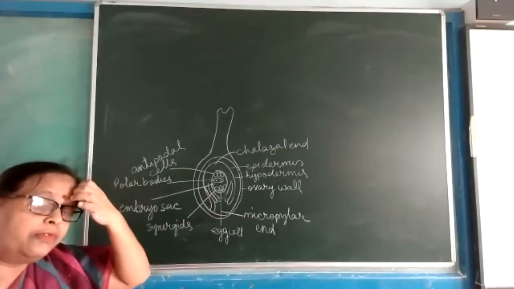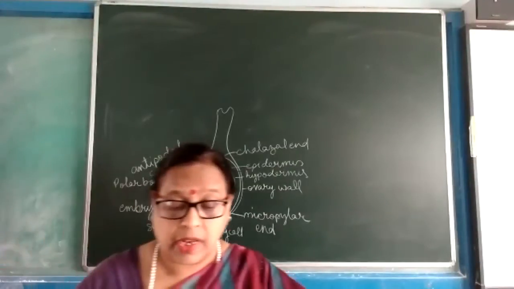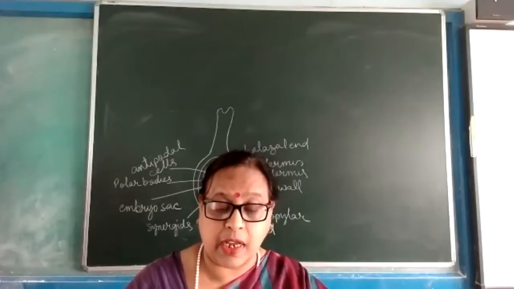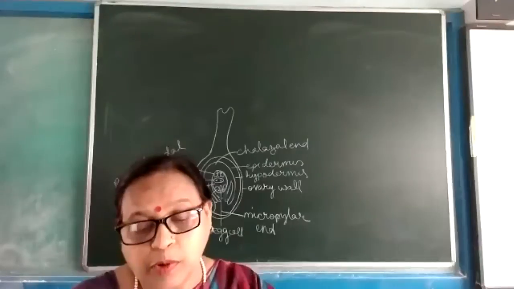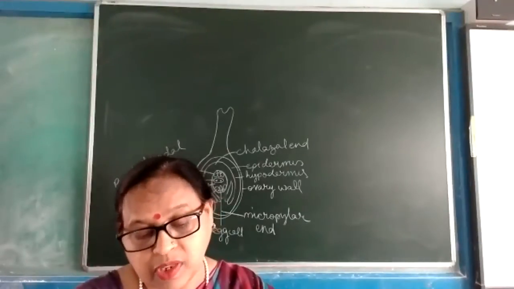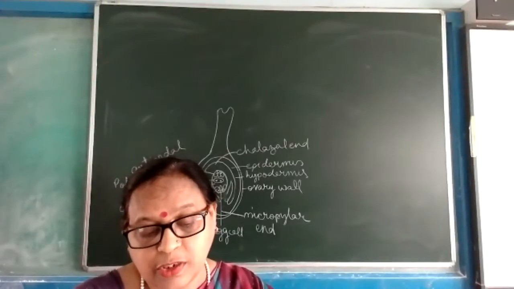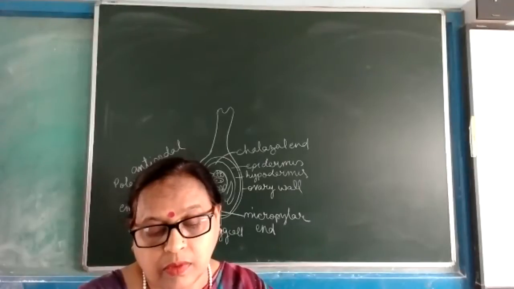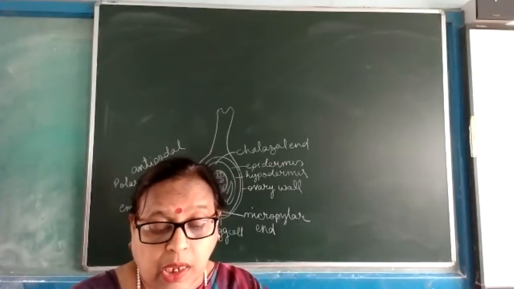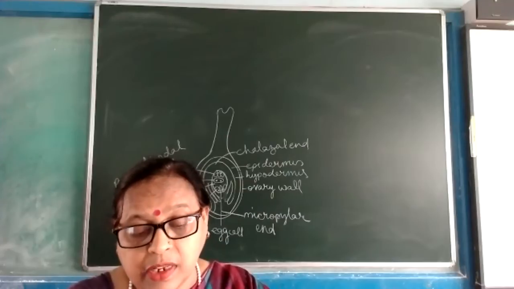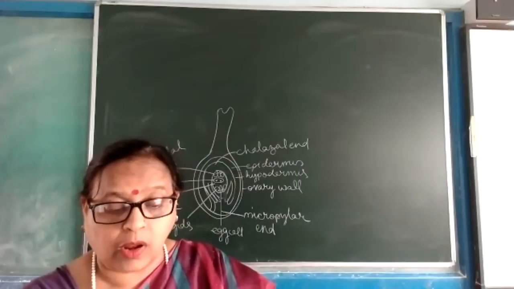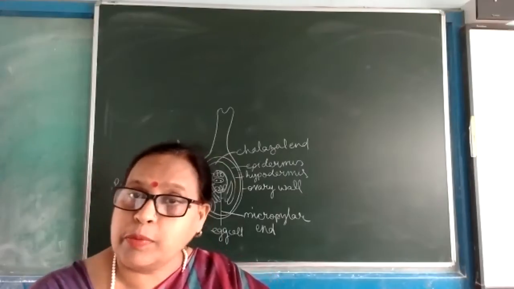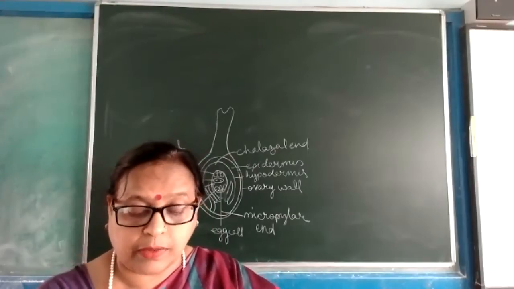And after that, what will happen? Next step in the life cycle, you see. So the megaspore mother cell will form the 7-celled stage. You can see here. And the anther is producing the microspore, that is a pollen grain, and this pollen grain will be called the male gametophyte.